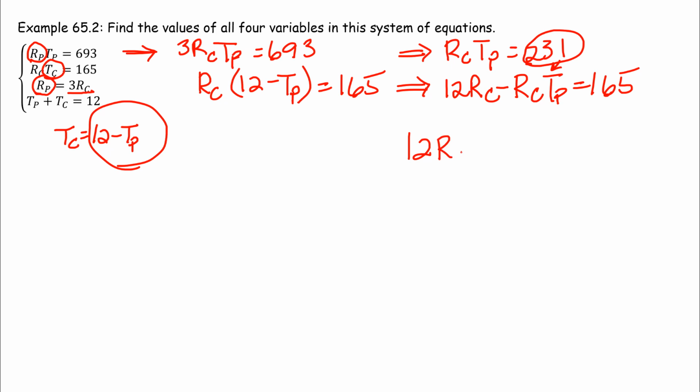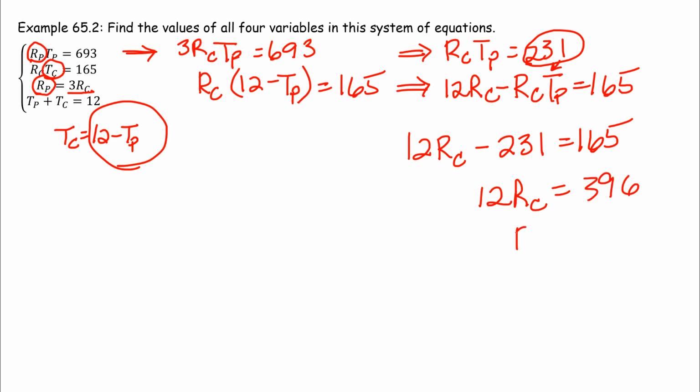So 12r sub c minus 231 is equal to 165. So 12r sub c is equal to 396. And if I divide both sides by 12, I'm going to get 66. And now I just need to go back and plug 66 in to all the places and then find the rest of the things.